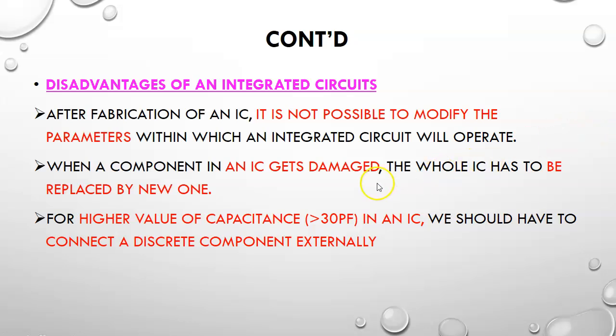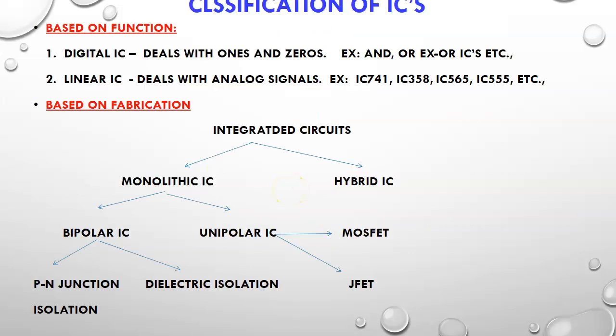The components cannot be replaced. This is the main disadvantage of integrated circuits. And for higher values of capacitance, greater than 30 picofarad, we have to connect a discrete component externally, as such a capacitor value cannot be fabricated in an integrated chip. These are all the disadvantages of integrated circuits.